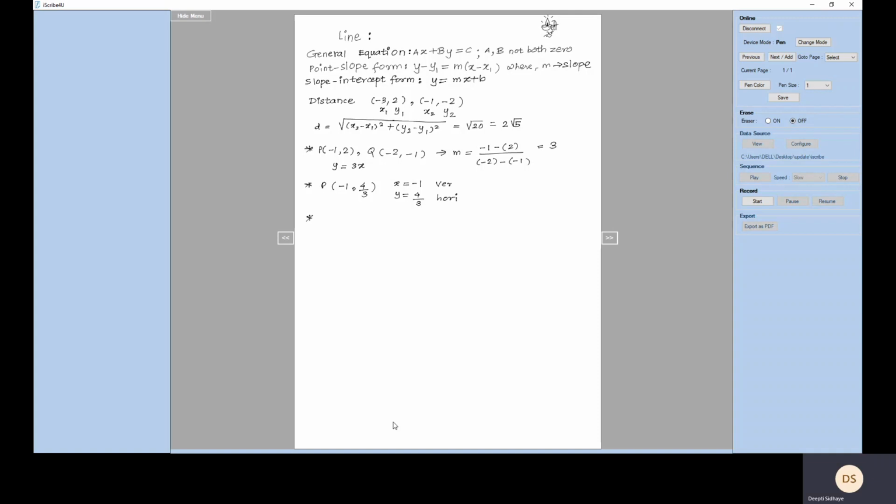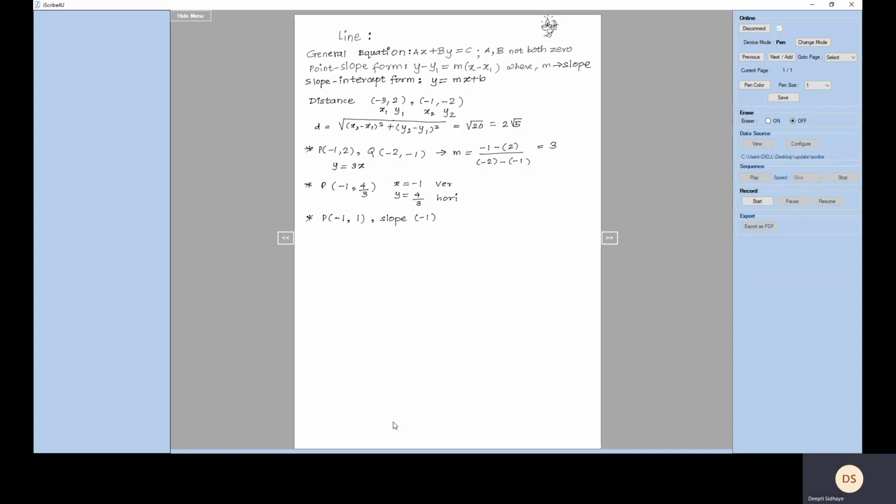Now let us imagine another situation where you need to find the equation of a line passing through point P given as (-1, 1), and the slope is given to be -1. How do you go about it?